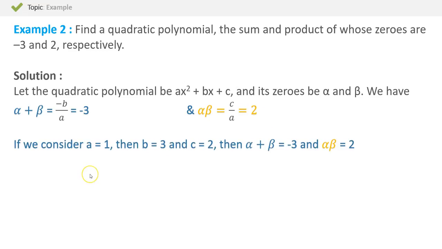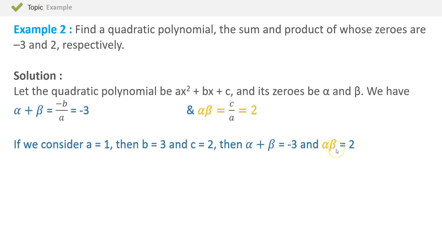Now, if we consider a as 1, b as 3, and c as 2, then alpha plus beta gives you minus 3. Right? Why? Because you will do b, which is 3, by 1 with a minus sign, which will give you minus 3.